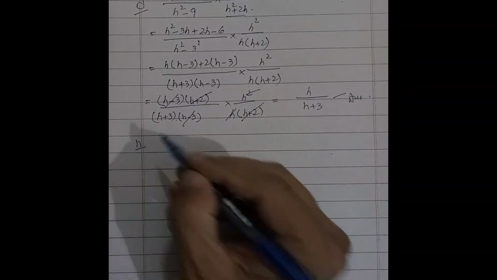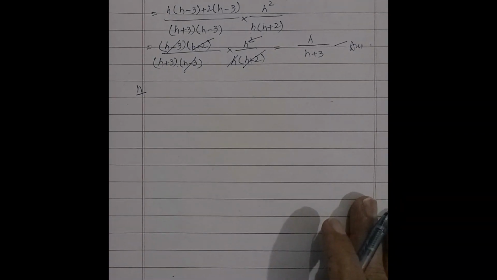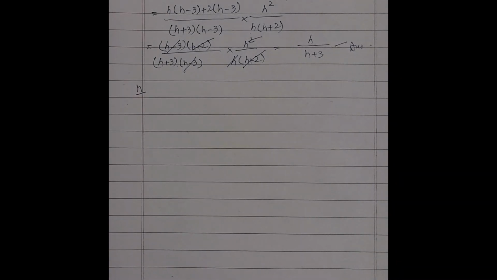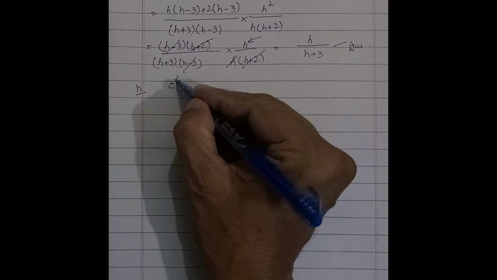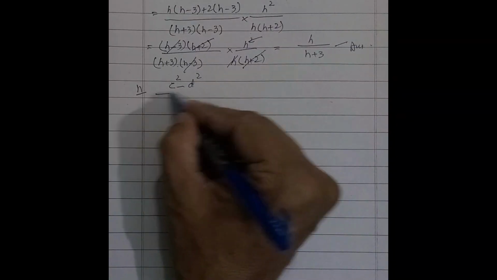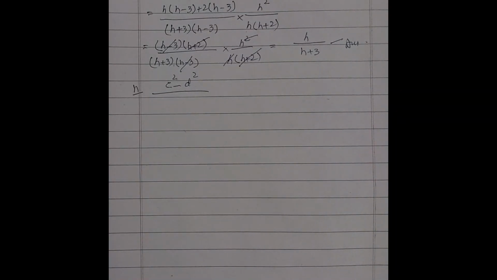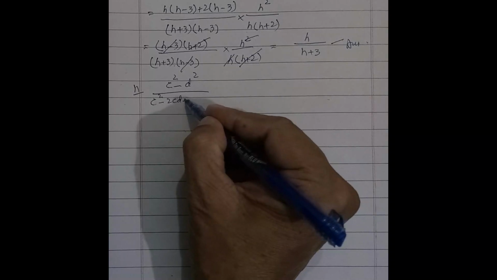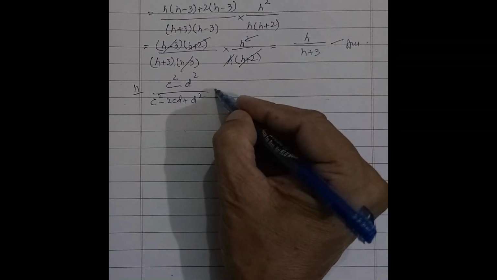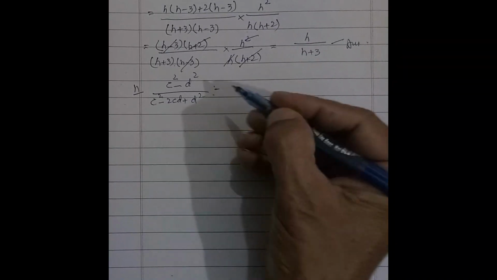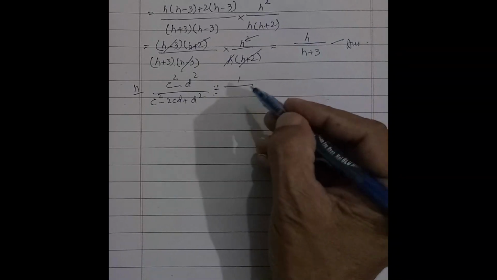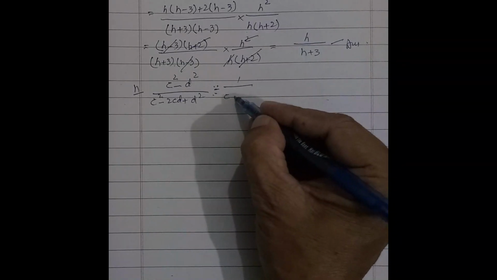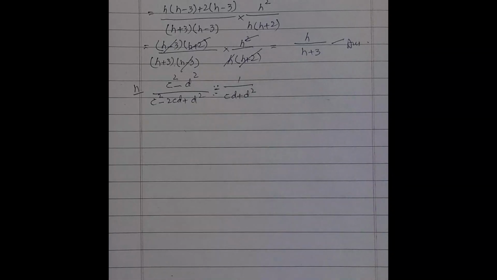Next, H part, in which c² minus d² over c² minus 2cd plus d², divided by 1 over cd plus d².